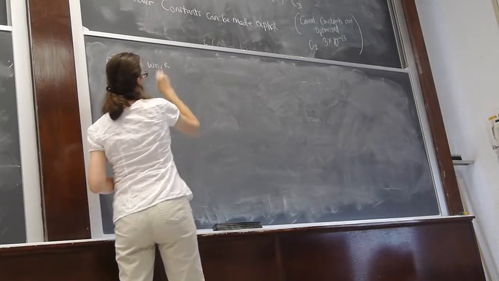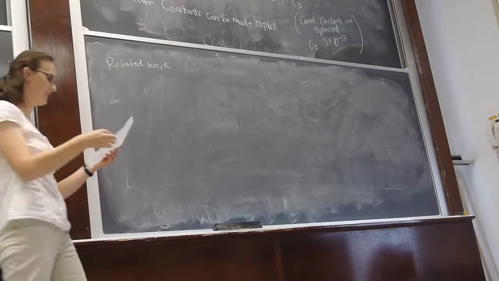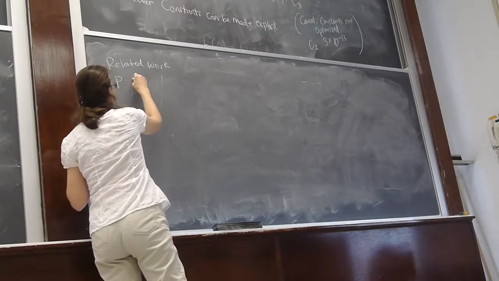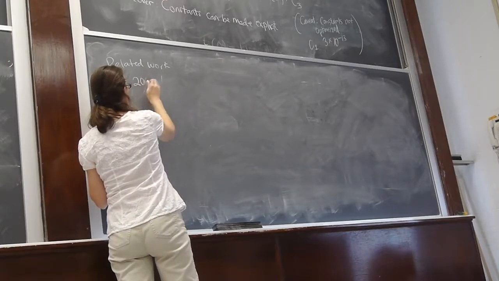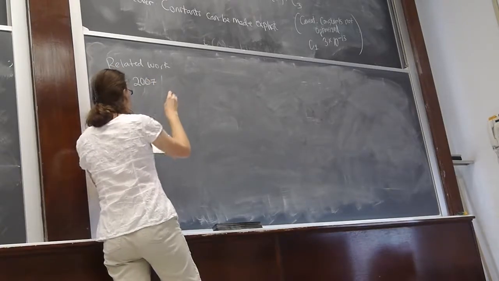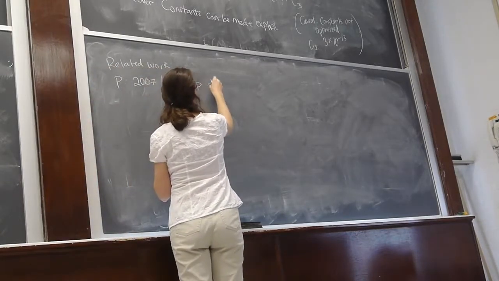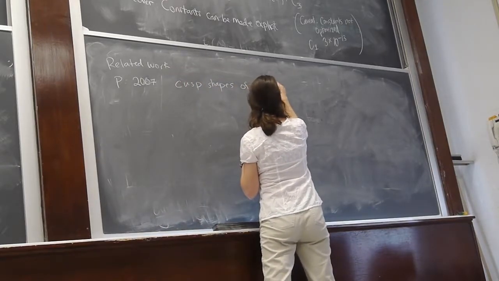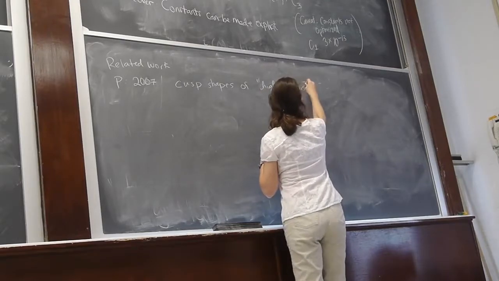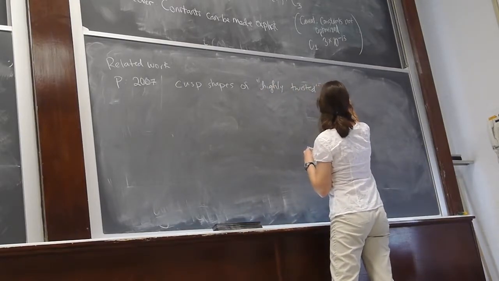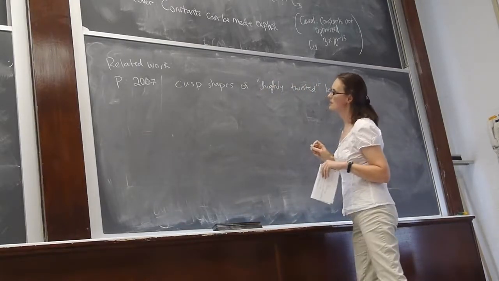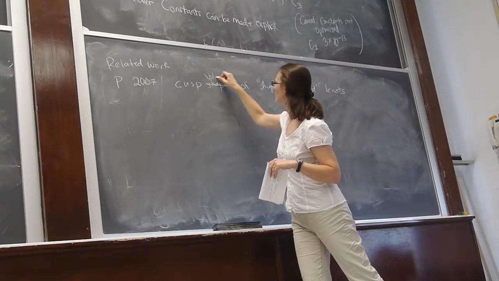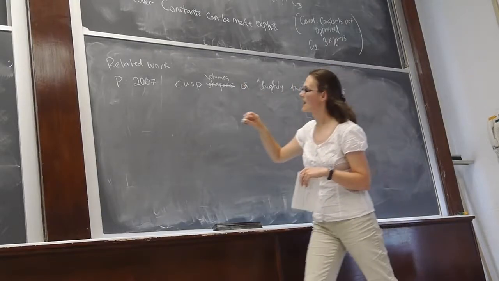I've been thinking about cusp volumes for a little while. In work from 2006, I think, published 2007, cusp volumes of highly twisted knots have this behavior.